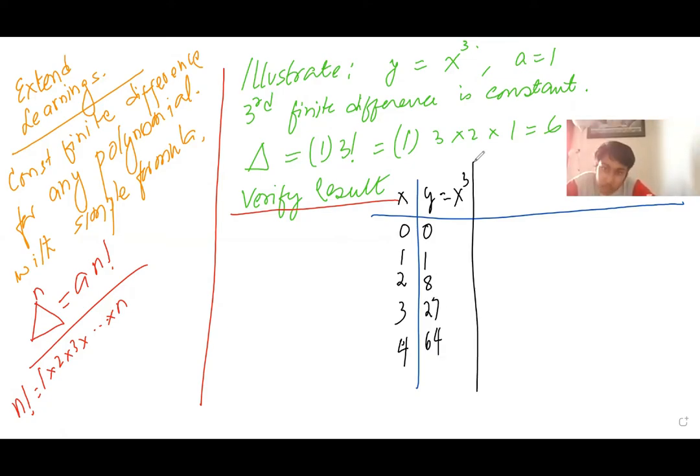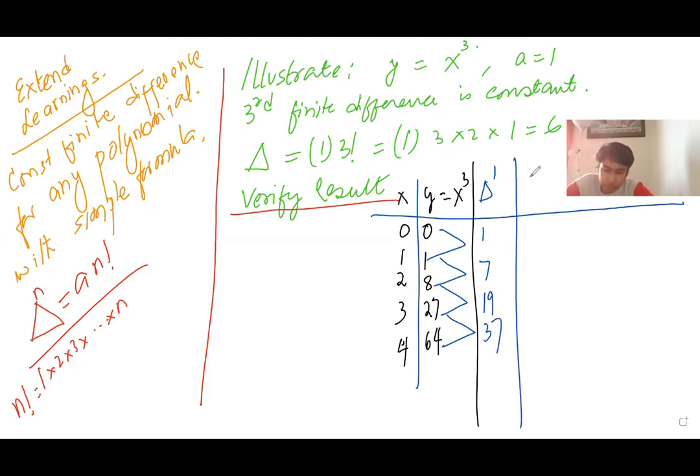Correct? Yes, sir. Let us find the first finite difference. Can you calculate and tell me the values? It will be 1, 7, 19, and 37. Let's find the second difference.